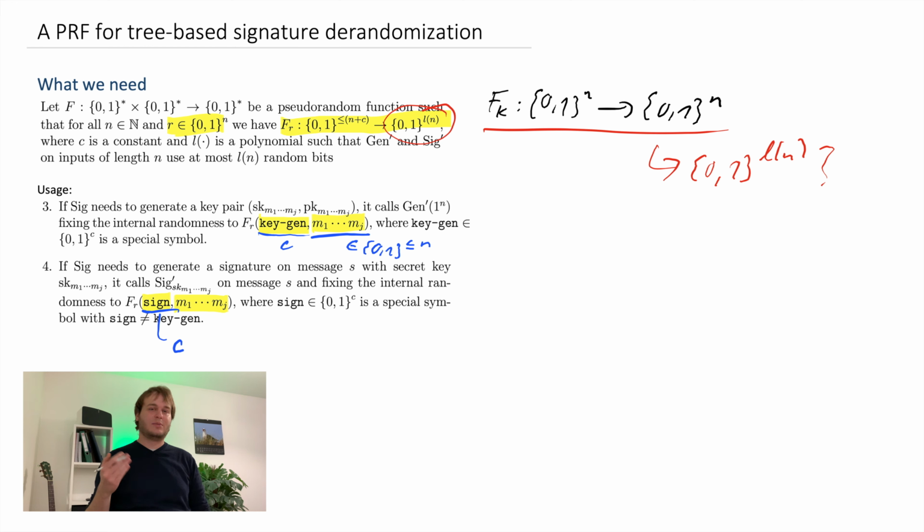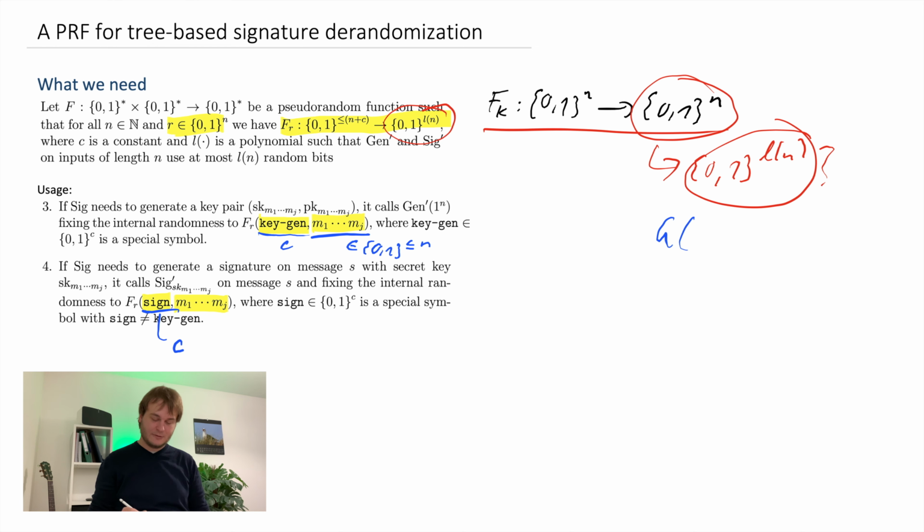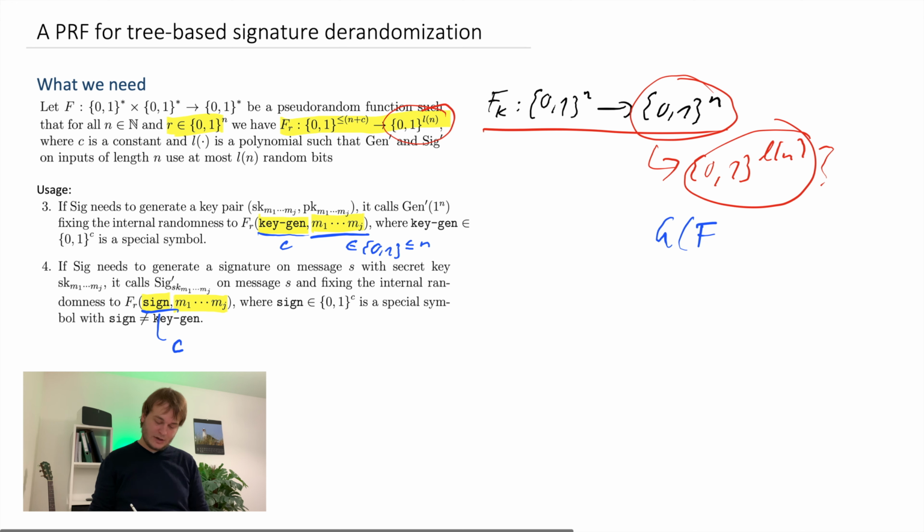Yeah, so there are probably multiple solutions, but the easiest one, the most straightforward one, is this is a perfect job for a pseudonym generator. We have a short, admittedly pseudo-random, but mostly random looking string, and we want to have a longer pseudonym looking string. So essentially, we can just do this by applying a pseudonym generator with the appropriate expansion factor L of n to the PRF value.